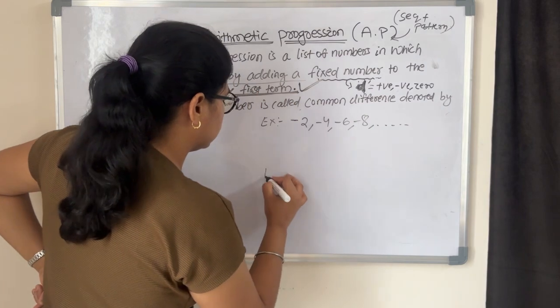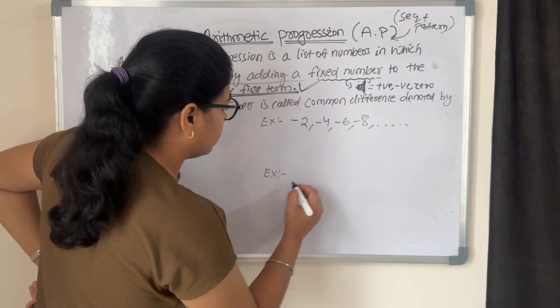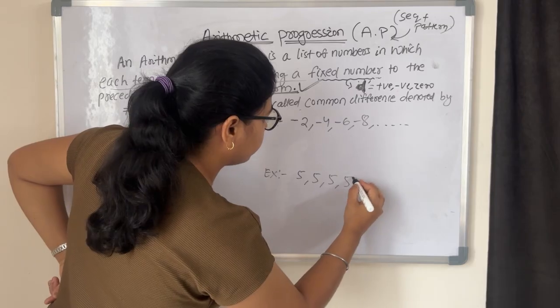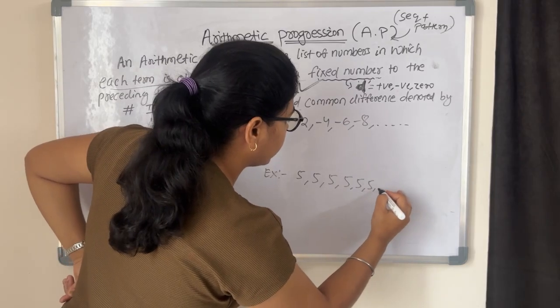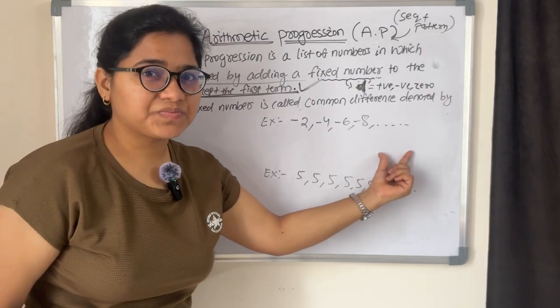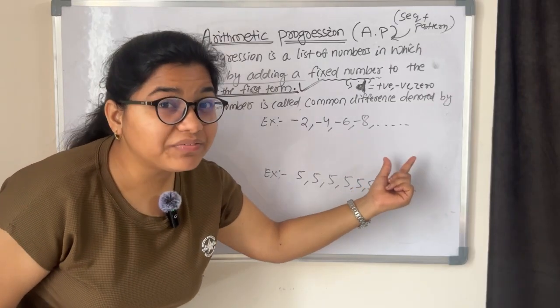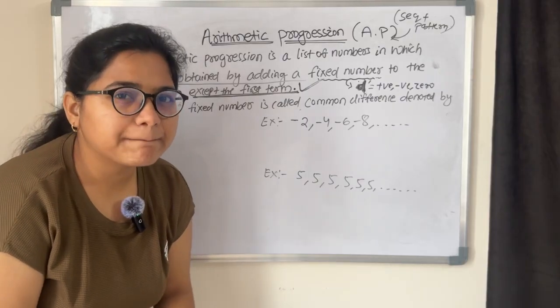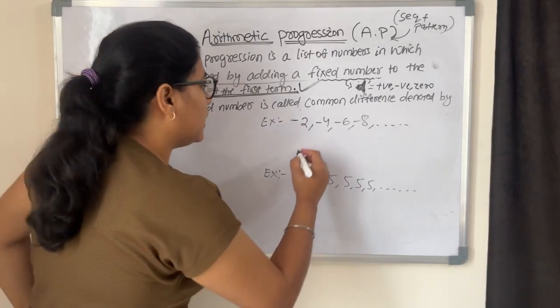This is a sequence. Another sequence I will give you: 5, 5, 5, 5, 5, 5 and so on. Check it. What is the common difference? If the common difference is the same, it is in AP. If not the same, not in AP. Okay. So let us check.